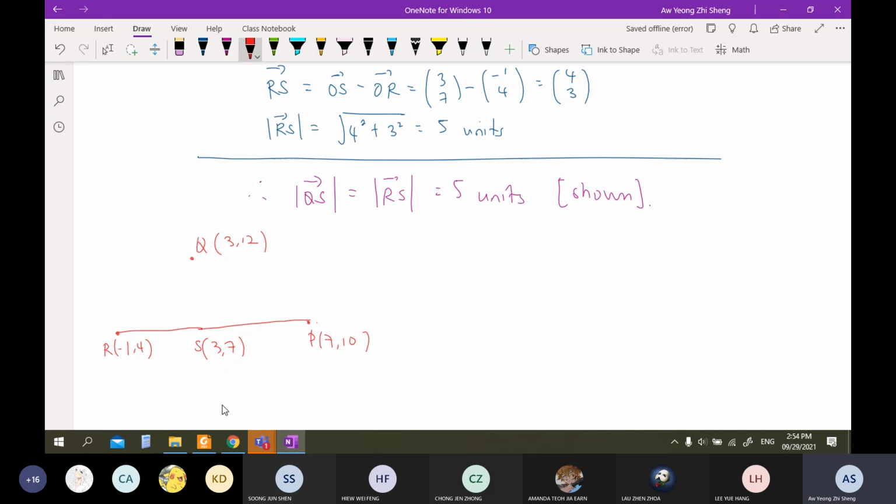Other than the coordinates, QS equals RS means that this length and this length are the same. Then we also know that S is the midpoint of PR, which means this and this are also the same.